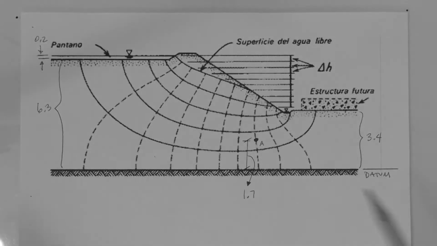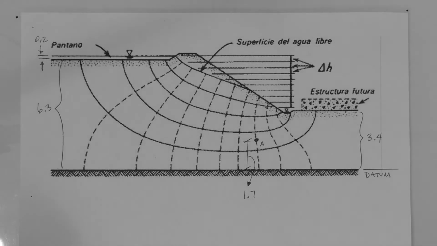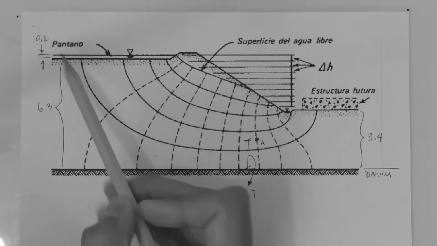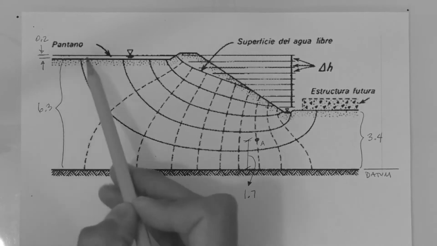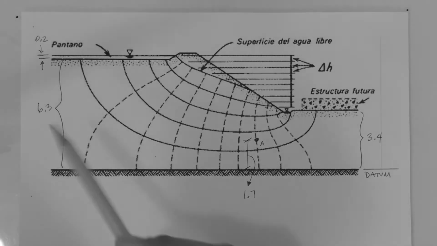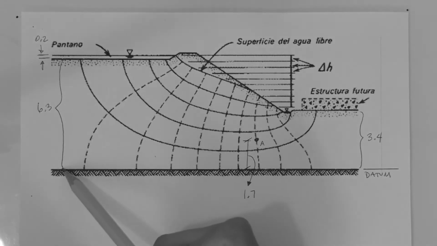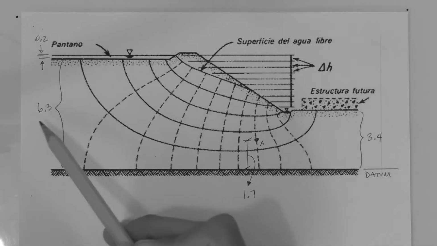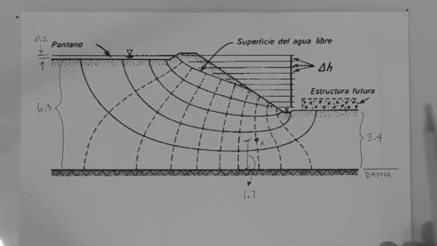For calculations, we obviously need dimensions. So we have some dimensions here. We have 0.2 meters of water above the ground surface on the upstream side. The thickness of the profile of soil, that is the soil layer, is 6.3 meters.